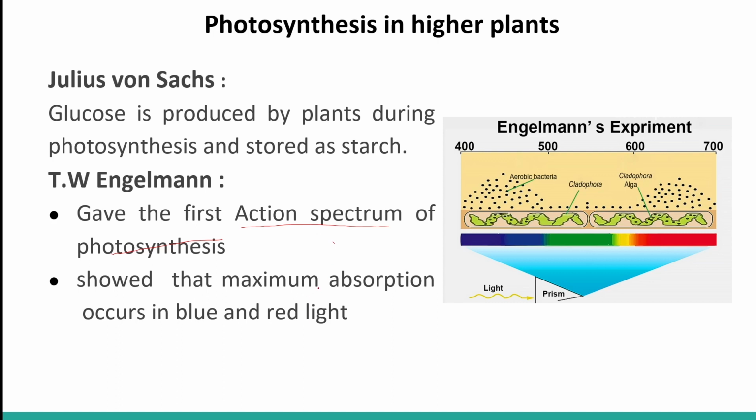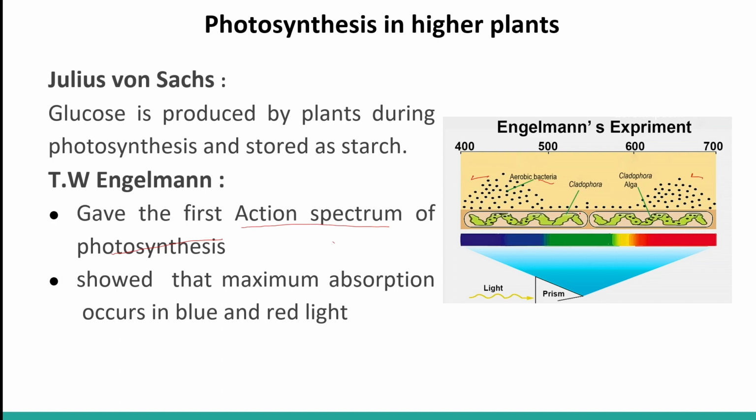He split the light using a prism and illuminated Cladophora, which was kept in a suspension of aerobic bacteria. So this is the Cladophora alga kept in the suspension of aerobic bacteria. And he observed that there was accumulation of the aerobic bacteria in the blue region and the red region.